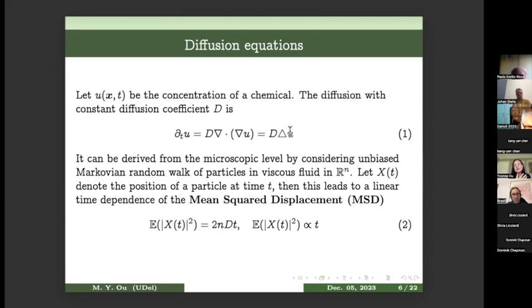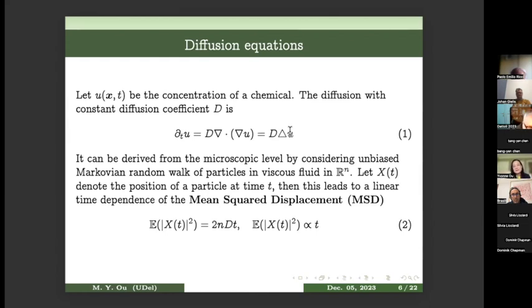What we observe at the macroscopic level with this diffusion equation is actually a result of what happens at the microscopic level, because when the chemicals are diffusing, they get bumped by all the surrounding molecules. That's why things are diffusing.